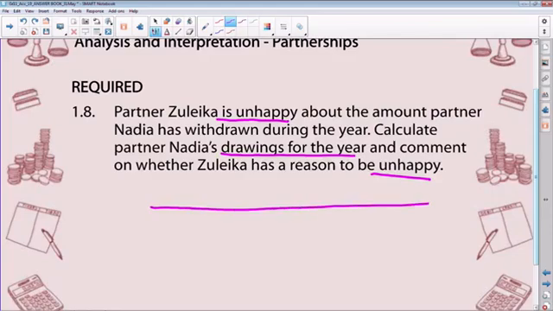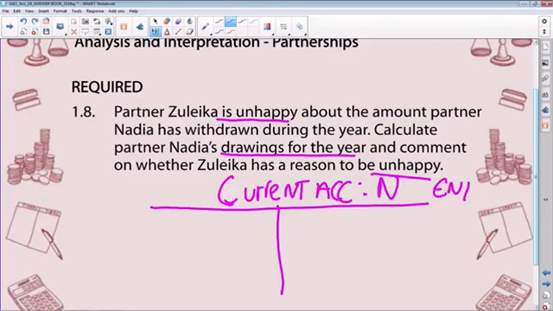Once again, I'm going to rely on a ledger account, and this time I'm reconstructing the current account for partner Nadia. Remember, your current account tells you, in a nutshell, what the partners are entitled to take as per their partnership agreement versus what they've already taken.